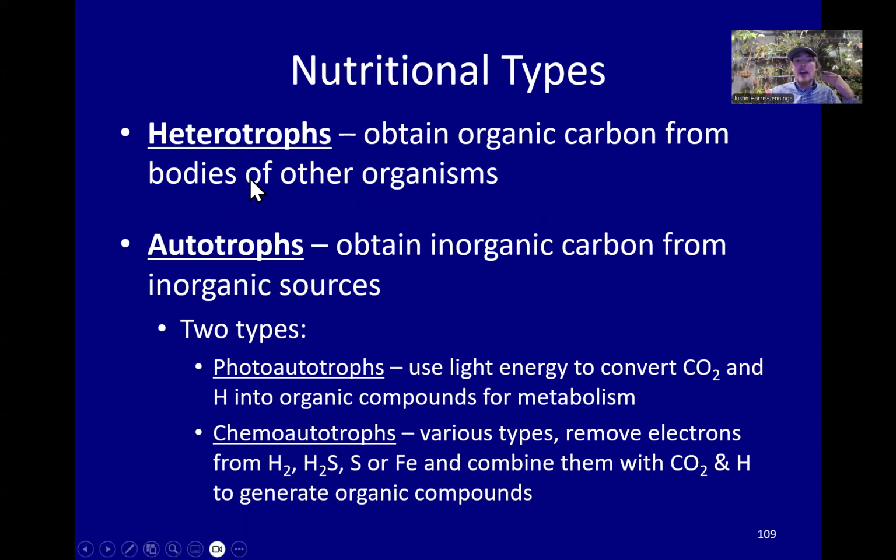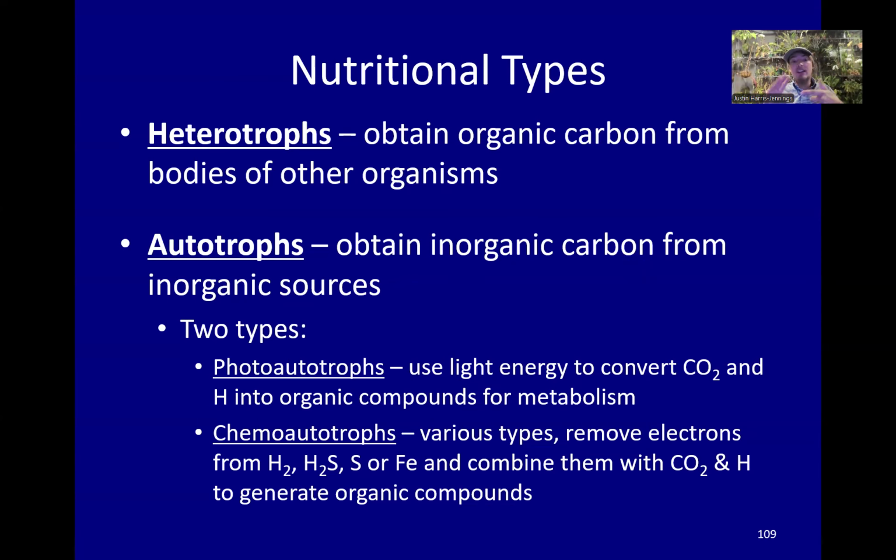And these are what are called heterotrophs, where they rely on someone else to do this fixation for them. Autotrophs, on the other hand, are using inorganic carbon and they need to convert it into organic carbon. And they have to use a chemical source of energy or a source of energy to do this.